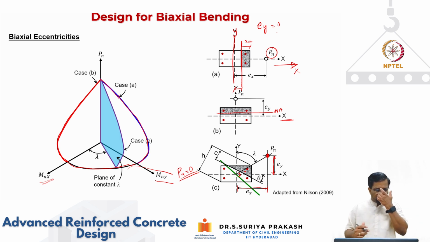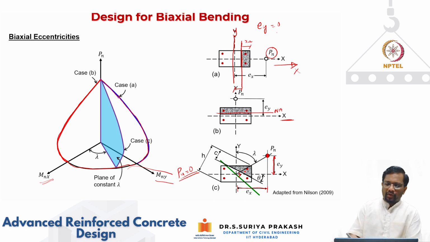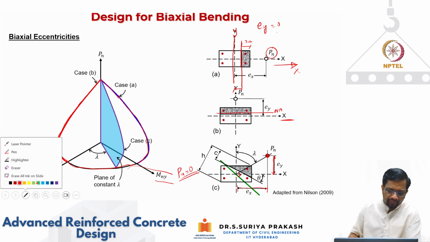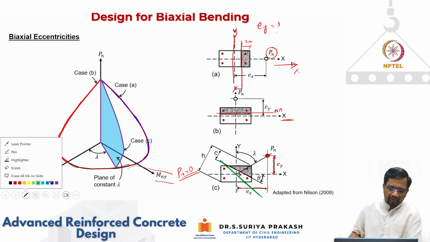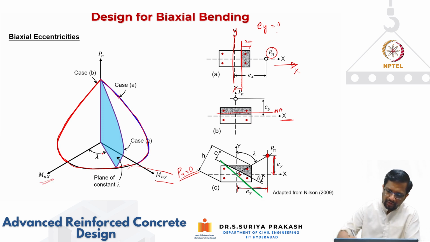In this case, your neutral axis will not be parallel to the axis of bending. Your axis of bending is this green color that we have seen. However, your neutral axis will be at an angle.